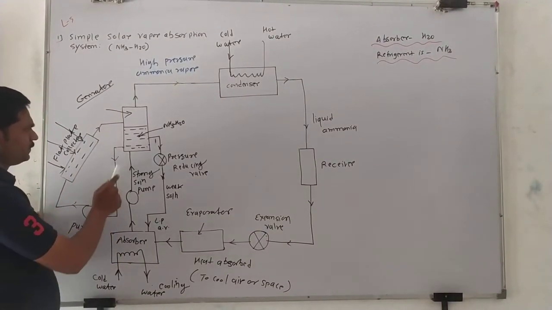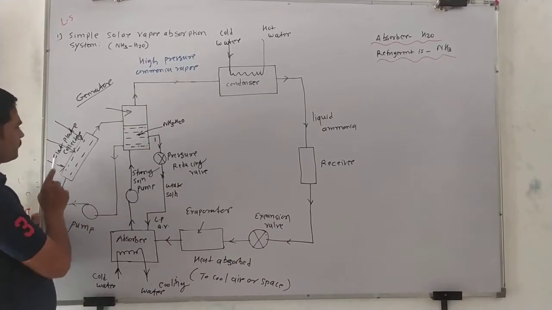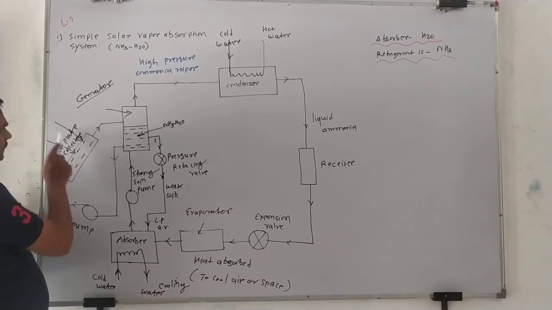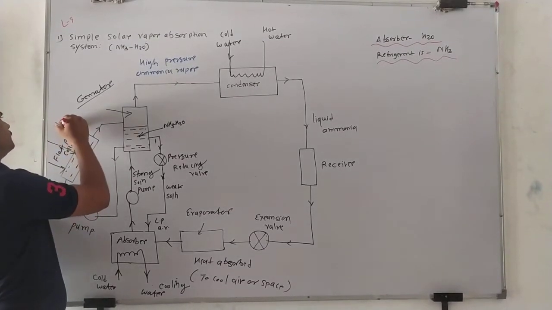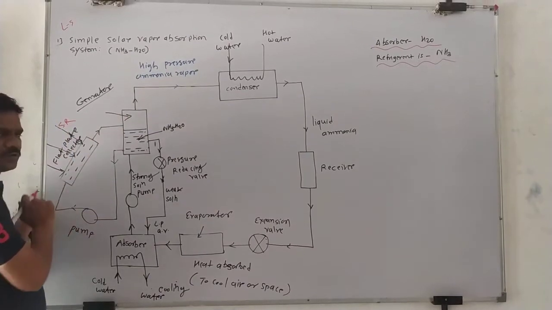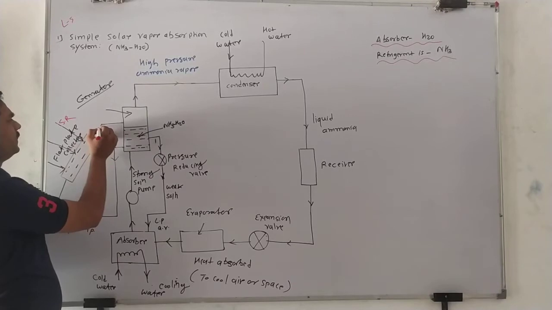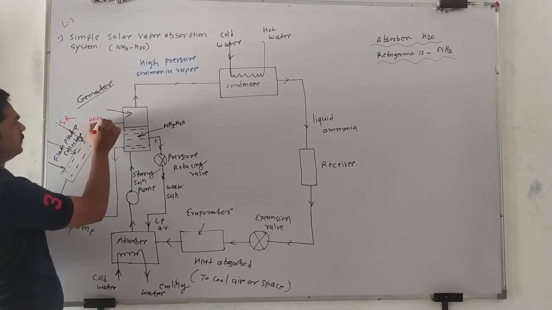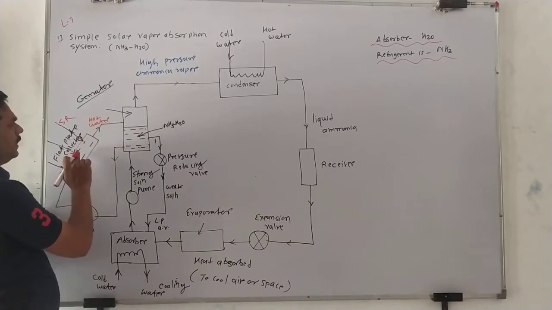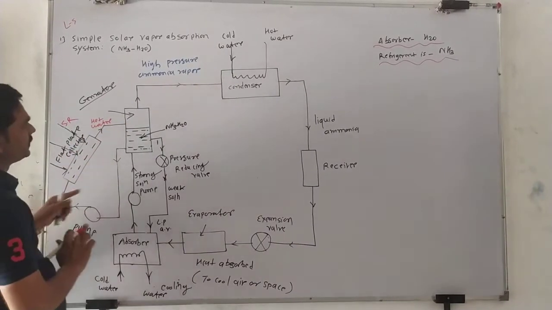With the help of the pump, the water is pumped inside the flat plate collectors. The flat plate collector absorbs the solar energy. Solar radiation is incident on the flat plate collector, and the temperature of the water increases. This is hot water. Now this high temperature water is passed into the generator.